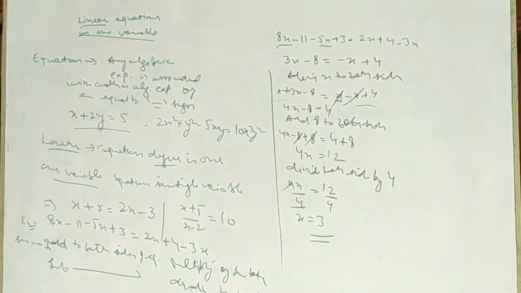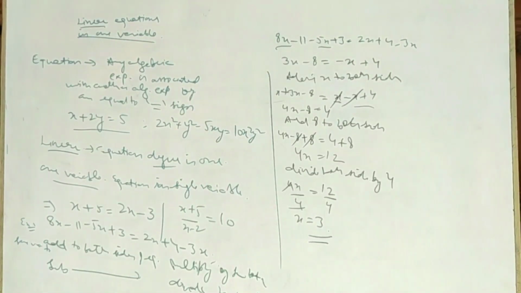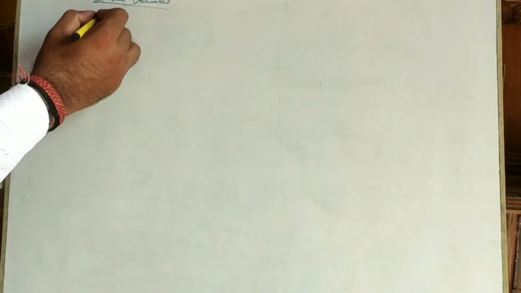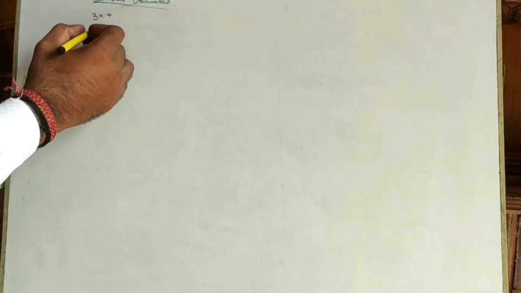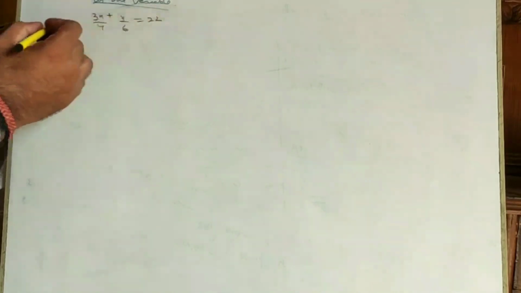Okay. Now next question. We have 3x divided by 4 plus x by 6 is equal to 22. In this example we will use the multiply part. We can multiply the equation by the same number on both sides.